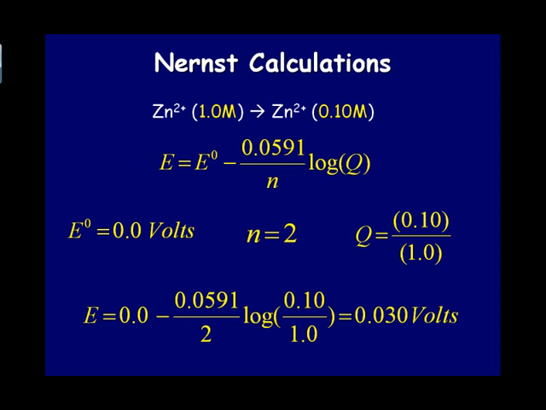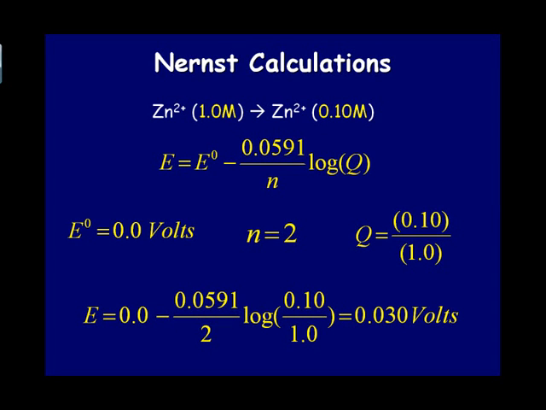When we plug all that in, so standard 0 voltage, our 0.0591 constant over the number of moles of electrons, and then we put our Q in there, we find that that particular cell is going to have a voltage of 0.03 volts.